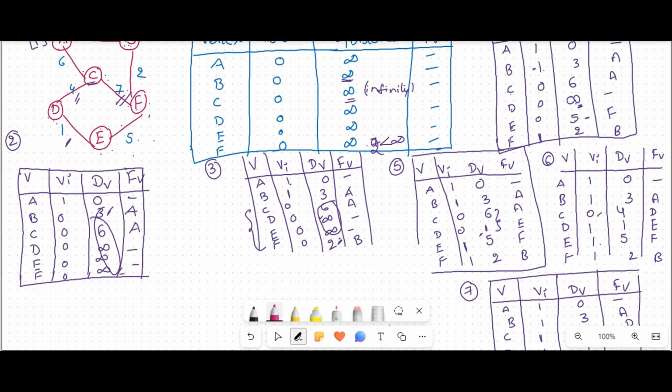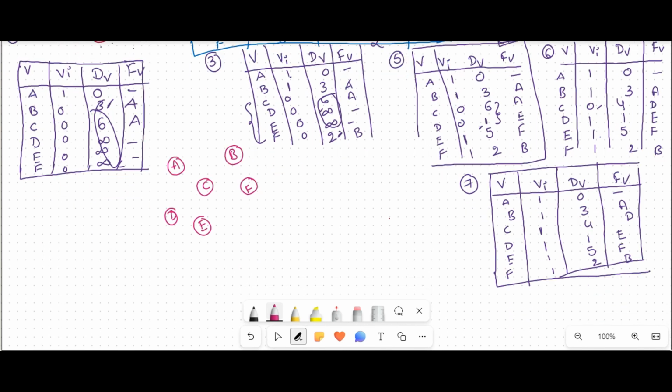Spanning tree means here first we will write as it is vertices like A, B, C, D, E, F. Now from here we will represent them. A to E, there is no edge cost now. See, A to B, start from B. From which vertex? A vertex.